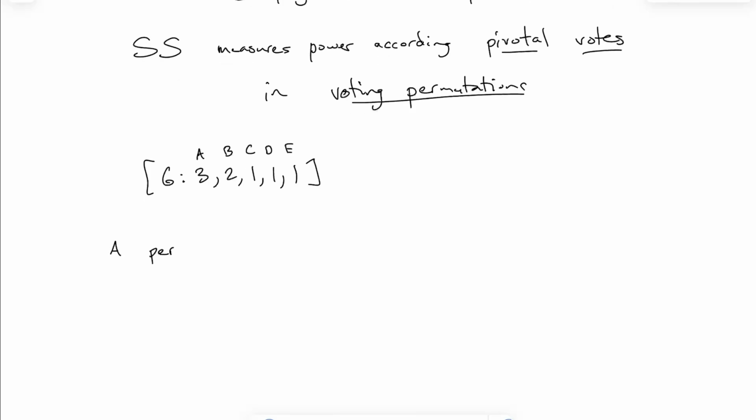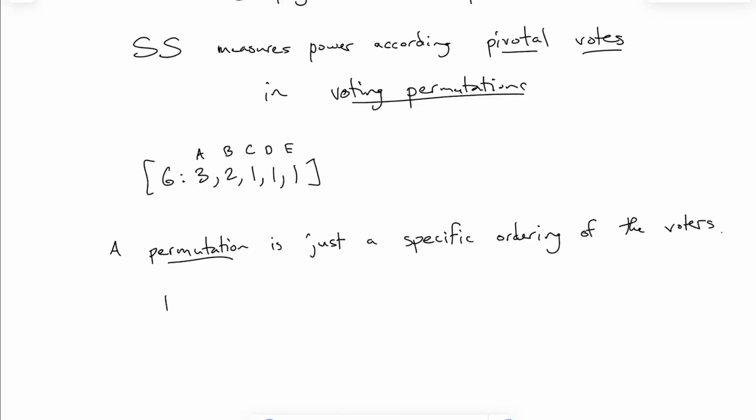A permutation, this is the fancy mathematical word for a specific ordering of the voters. Of course, there are many ways you could put them in order, but that's one ordering. One possible ordering is that. That's called a voting permutation. You just put them in some order.